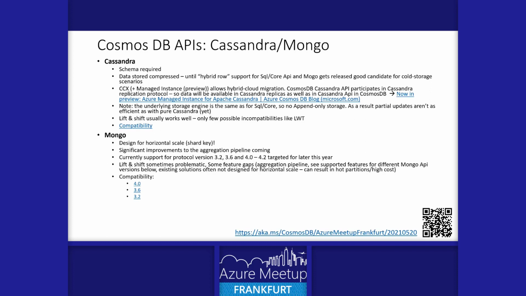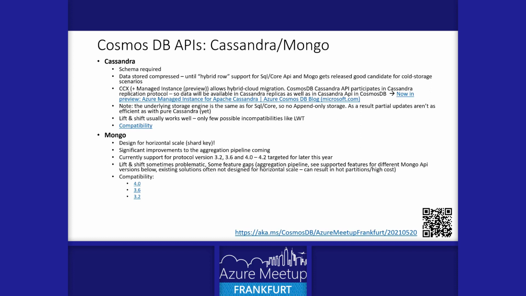The reason for that is that with Cassandra, we have two capabilities which are pretty unique. One is called CCX, which basically allows you, imagine you have a Cassandra cluster on premise and you want to also have the data available in the cloud. What CCX allows you to do is basically, it's an endpoint protocol that allows the Cassandra API in CosmosDB to participate in the replication protocol that Cassandra on-premise would have.